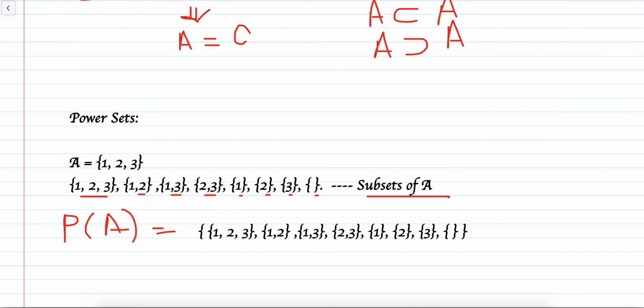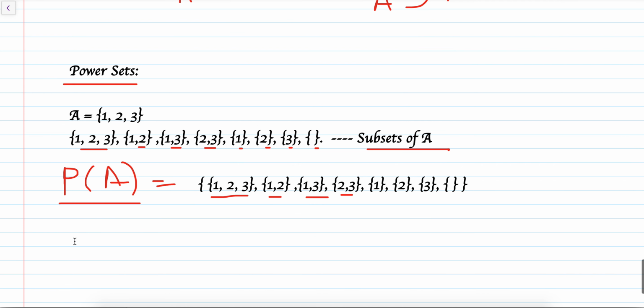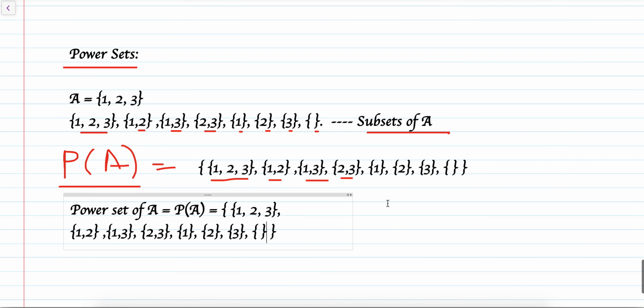So P(A) is a set whose elements are the subsets of A. So P(A) is a set of sets, a set of subsets of A. We will read it as the power set of A. So power set of A is equal to P(A) is equal to this value.